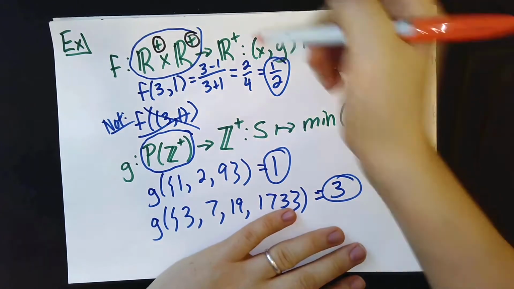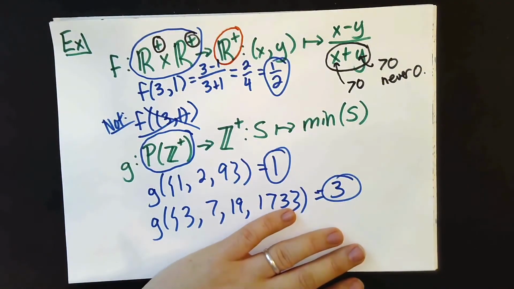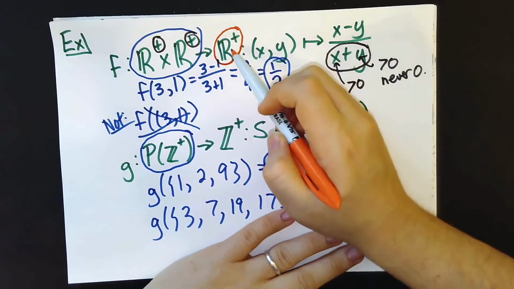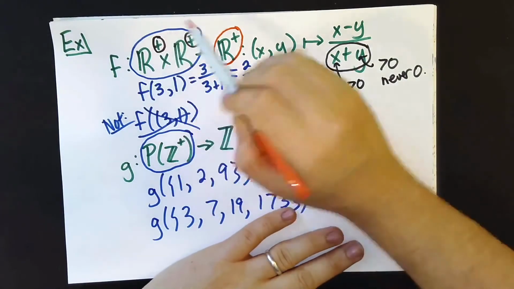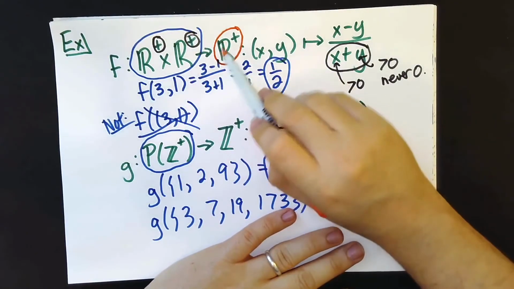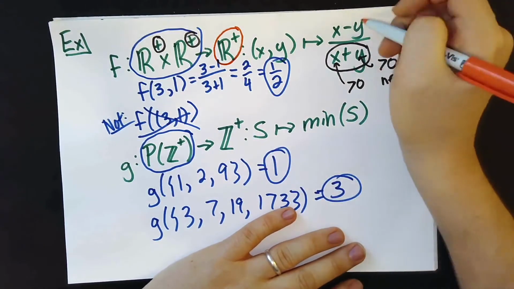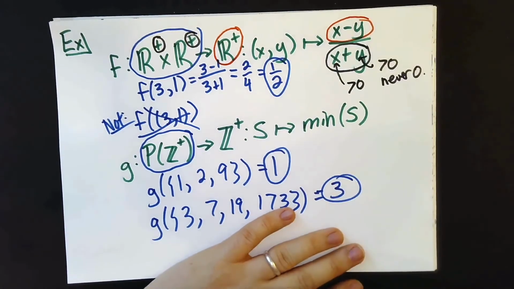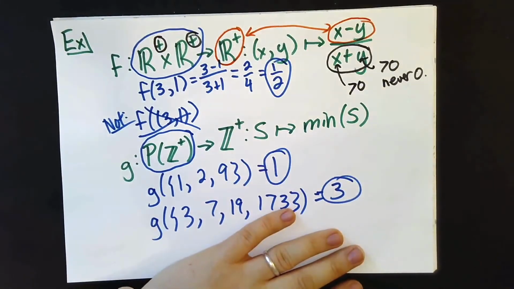What is wrong here is actually what's specified as the codomain. And that's because the codomain here is telling me you're going to put in a positive real number and a positive real number, and you're going to get out a positive real number. But in fact, because of the numerator of this fraction, there is no guarantee that you are going to get out a positive real number.